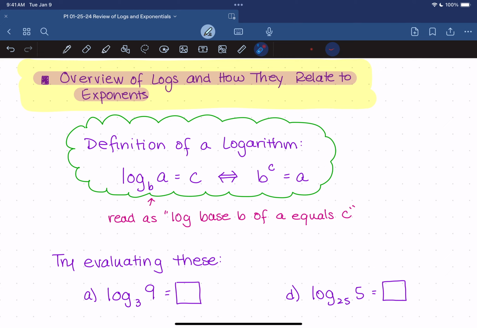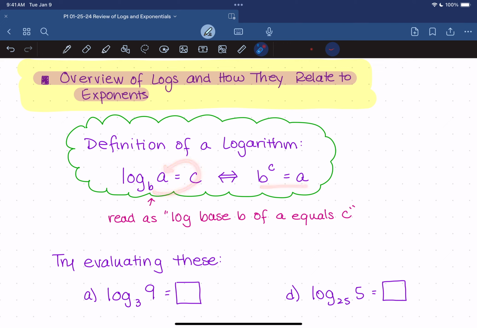And I call it around the world. If you start at the base and go around the equal sign, it kind of tells you the order to put things in. So if you're going to change a log into an exponential, start at the base and go around the equal sign, and it's b to the power of c equals a.